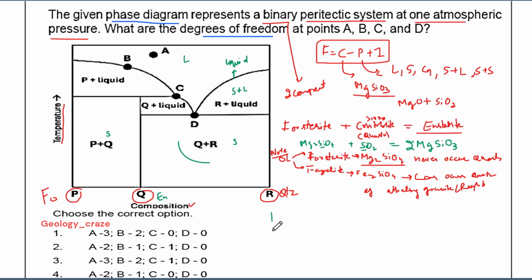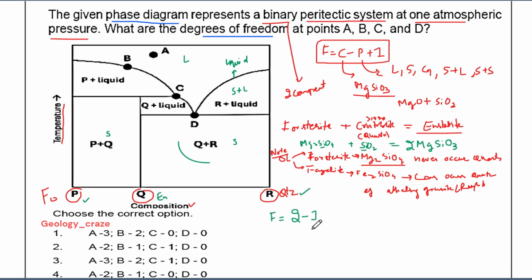Okay, so F is equal to, we need to calculate the degree of freedom, right? So how many components do we have? We have two components, Fo and quartz. How many phases? If I'm standing at A, how many phases? Only liquid.